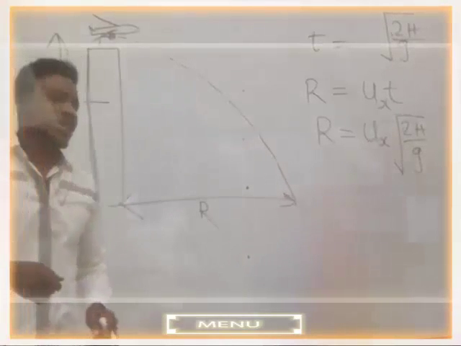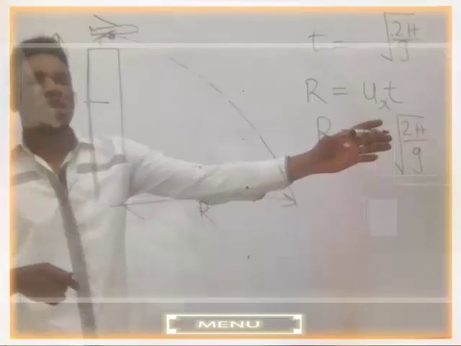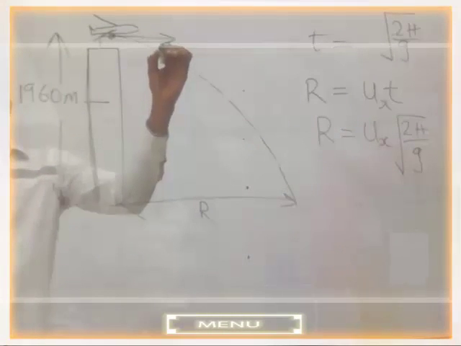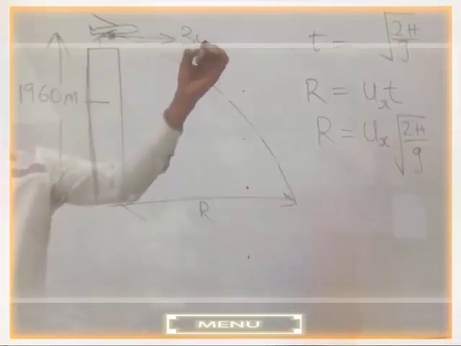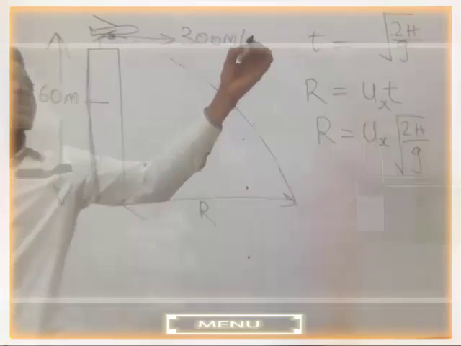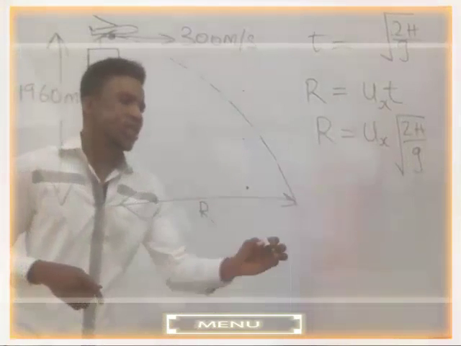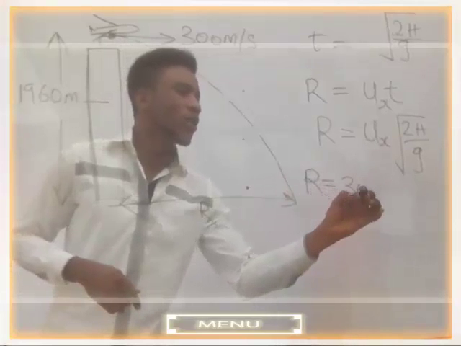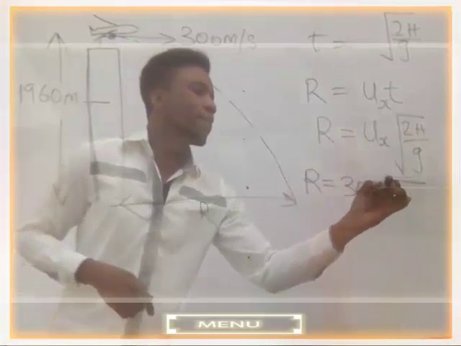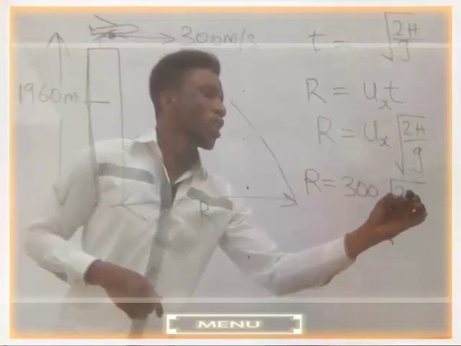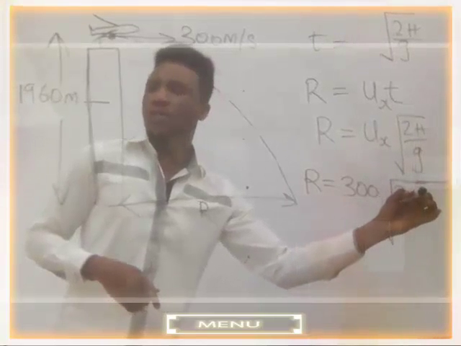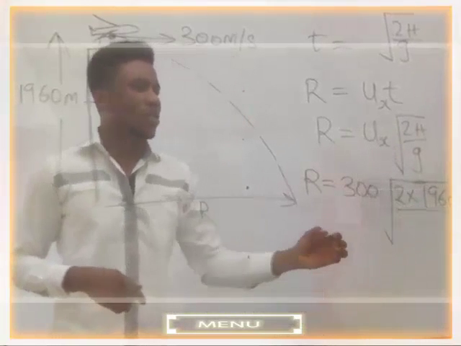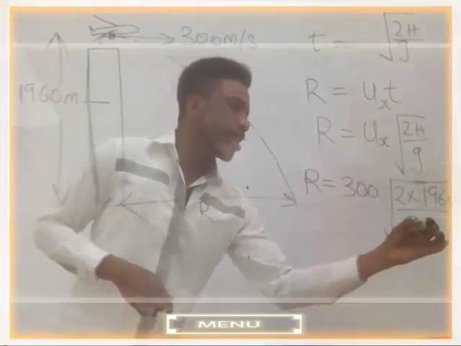So now we have to use this formula. Remember, we are told that the bomber was traveling at a velocity of 300 meters per second. So what we simply do is the range equals 300 multiplied by the square root of 2 times 1960 divided by g, which is 9.81.